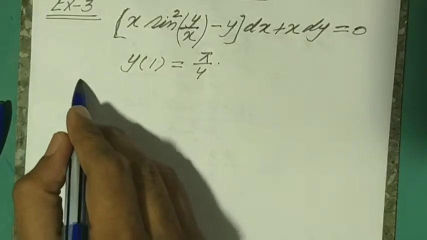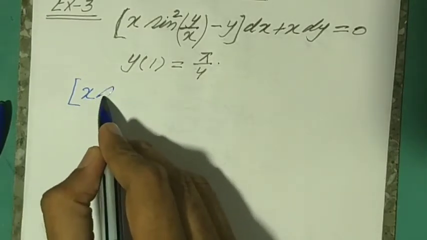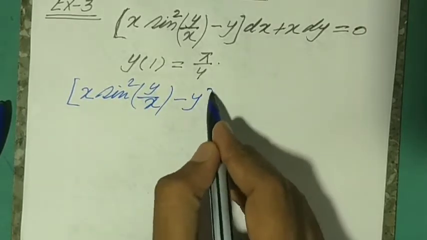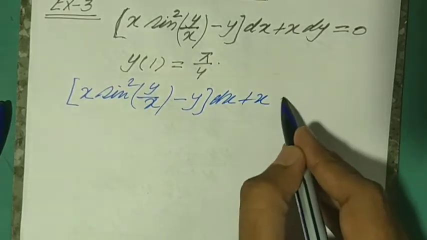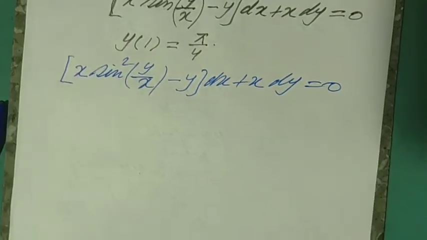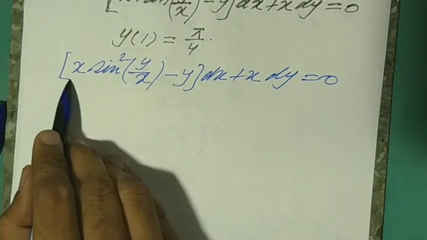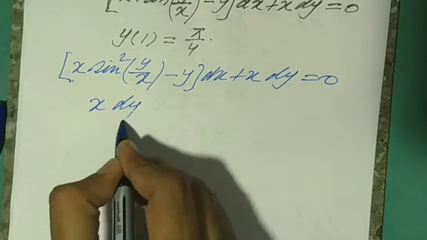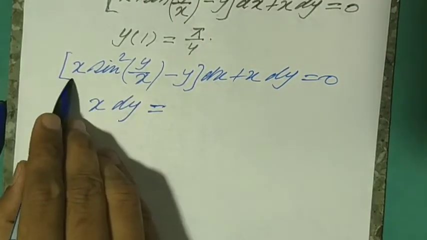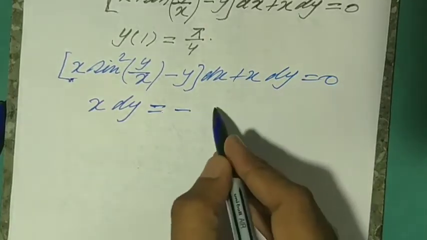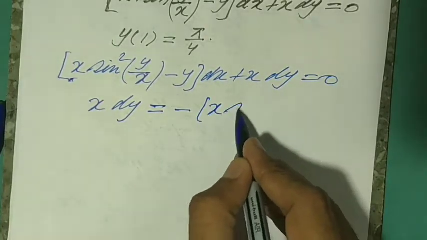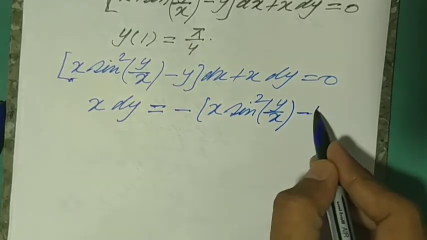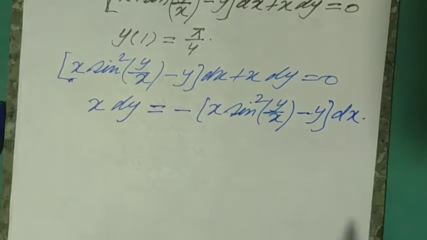So first we write as it is, x sine square y upon x minus y dx plus x dy is equal to 0. First we have to transpose this to the right hand side. We get x dy is equal to, and this term will be minus x sine square y upon x minus y, dx.